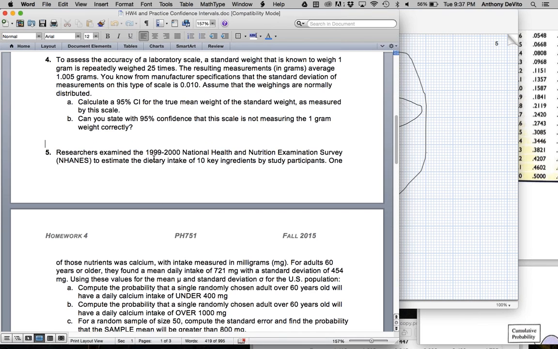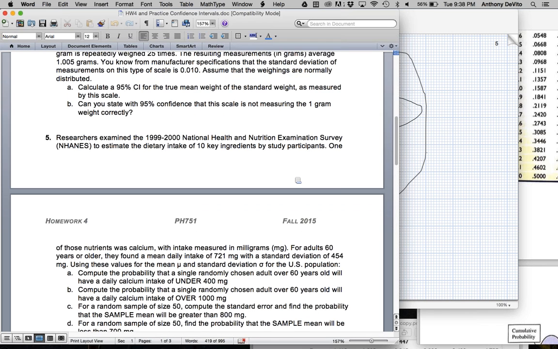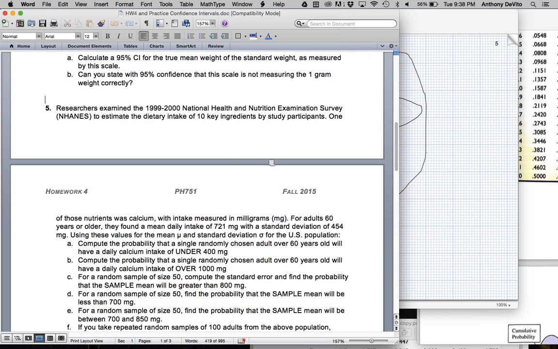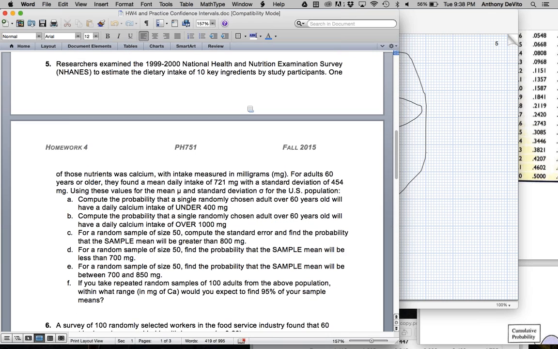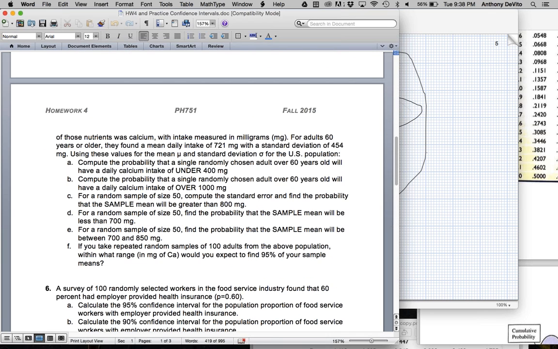Researchers examined the 1999 to 2000 National Health and Nutrition Examination Survey. NHANES, we might actually be pulling data from this annual national survey to estimate dietary intake of 10 key ingredients by study participants. One of those ingredients was calcium.